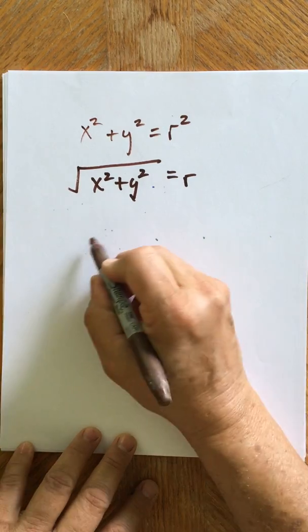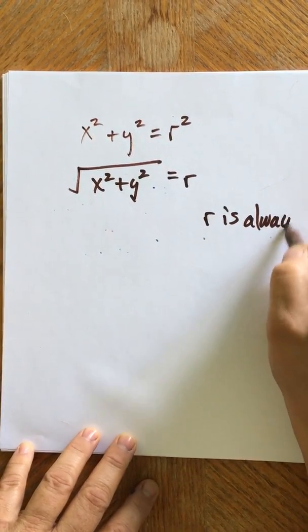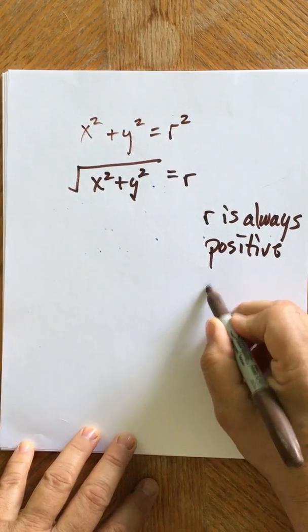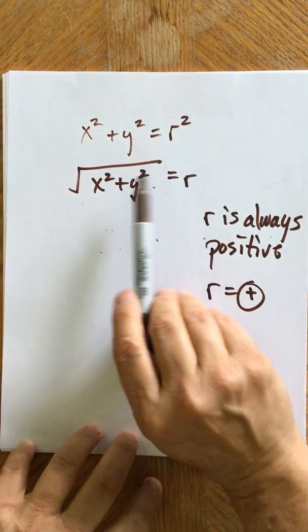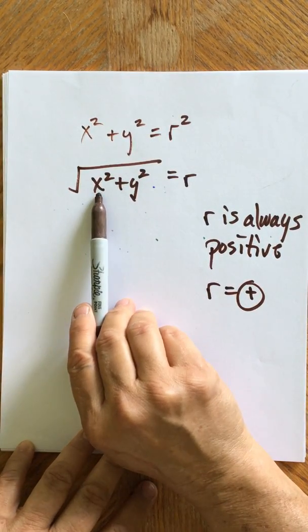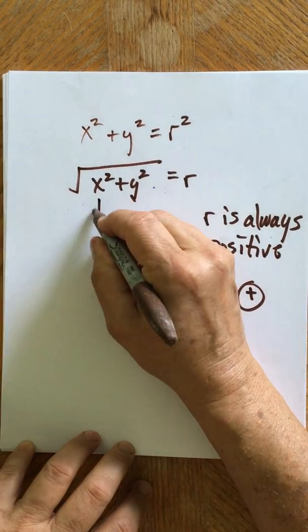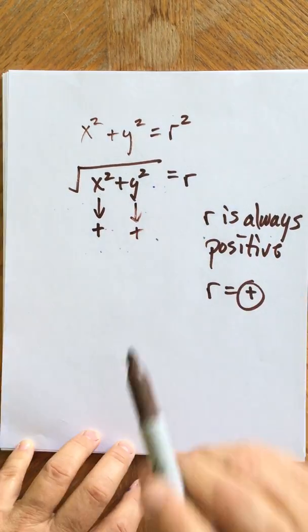Now, why is r always positive? Normally I'll write this kind of shorthand, which is so much easier. But take a look. No matter what x is, it doesn't matter if x is positive or negative, once it gets squared, it's going to become a positive number. And the same thing is true with y. It'll always be a positive number.